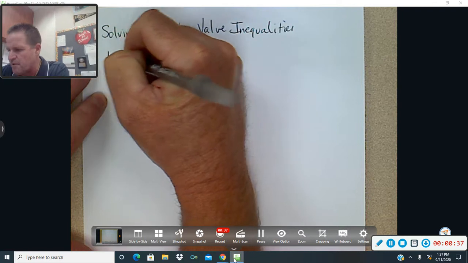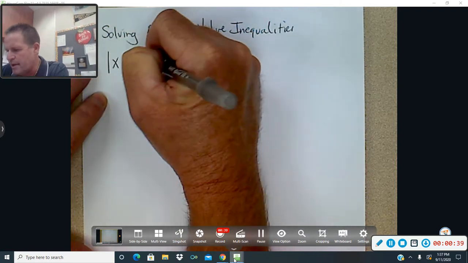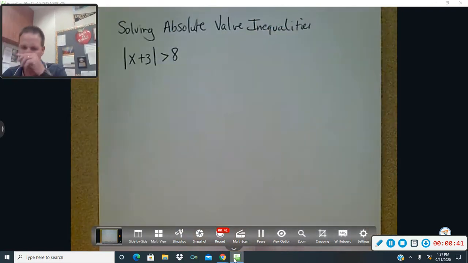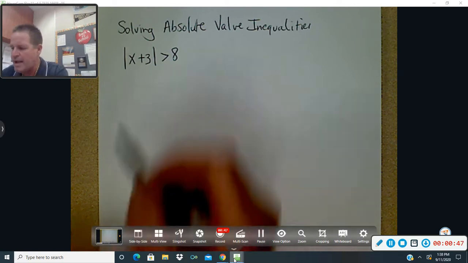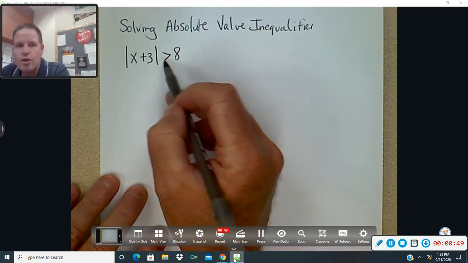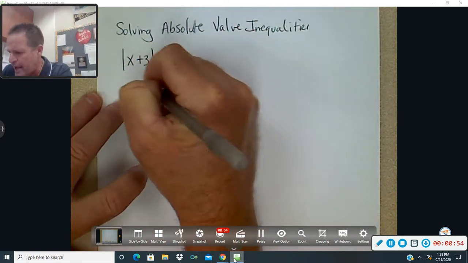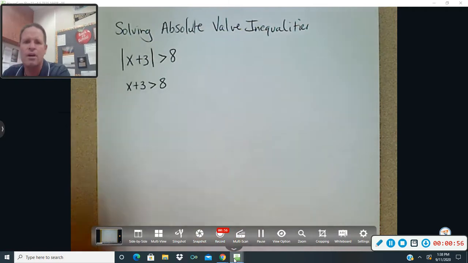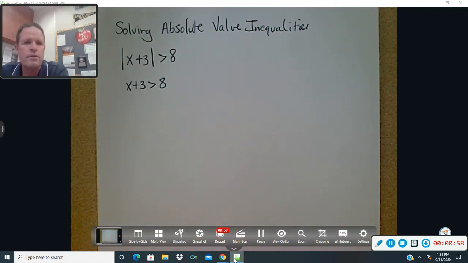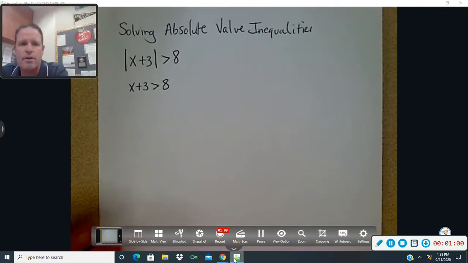So let's say the absolute value of x plus 3 is greater than 8. Now again, you don't hear any sounds, so I'm not thinking about less thans and sandwiches. I hear this is greater than. Now remember, the first one you write down is always exactly as it looks without the bars. Whether it's a sandwich or an or, it doesn't matter, exactly as it looks.